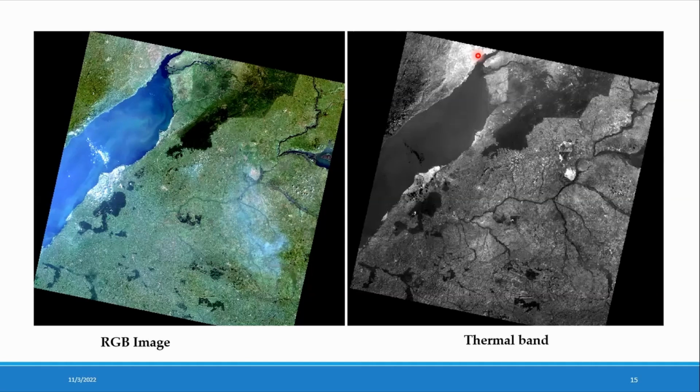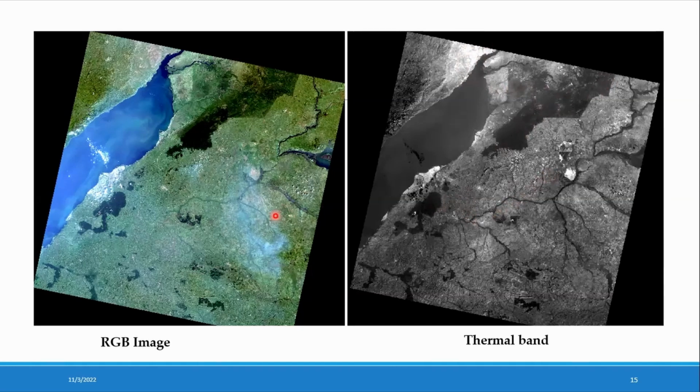So the thermal image is clearly telling you what that is. It's a built up area, and because of the impervious surfaces and the emissions, this area has higher temperatures compared to this area, which is a forest or a national park.